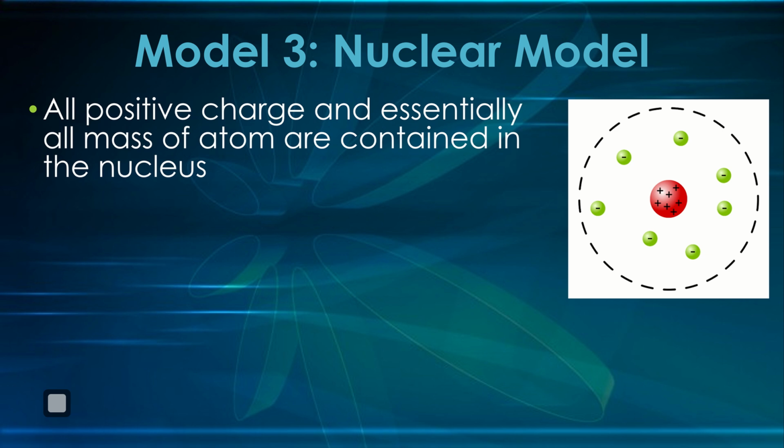And so he realized that there must be a very small center, because it didn't happen often, but it did happen, that was large enough to deflect an alpha particle, which is the size of a helium nucleus, all the way back at it. So it must have some mass to it, and since it repels it, it must be positive charge.